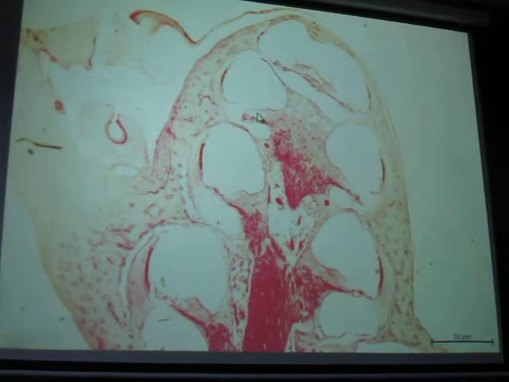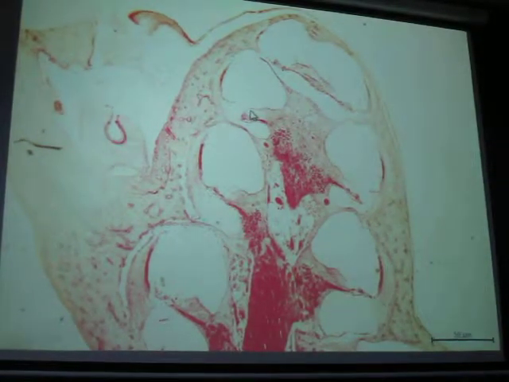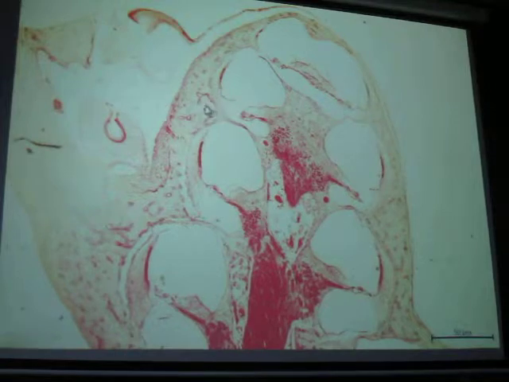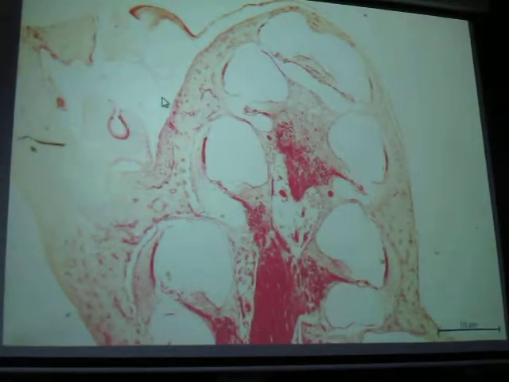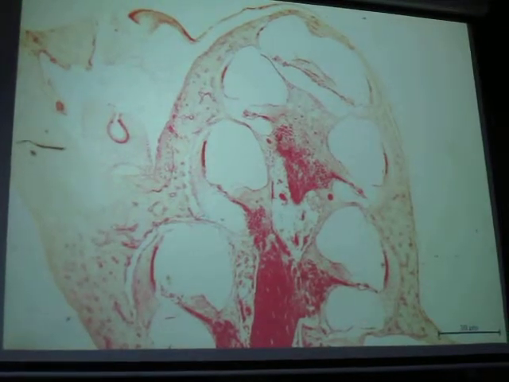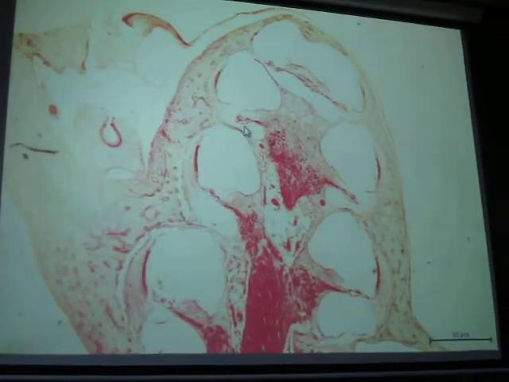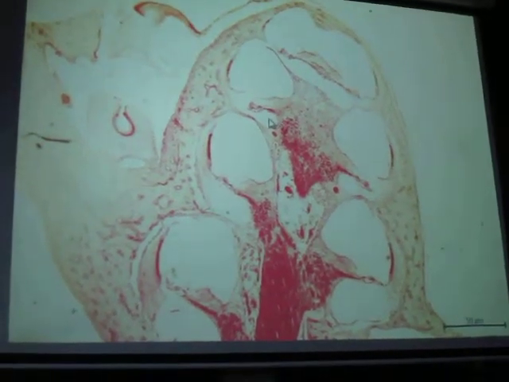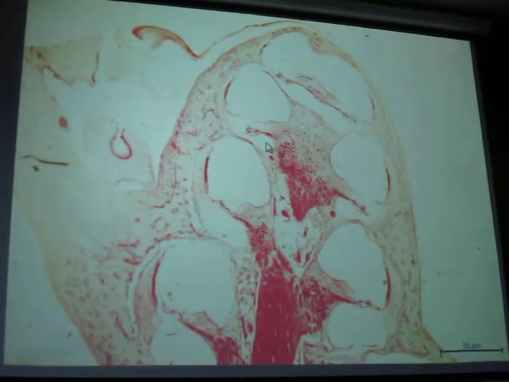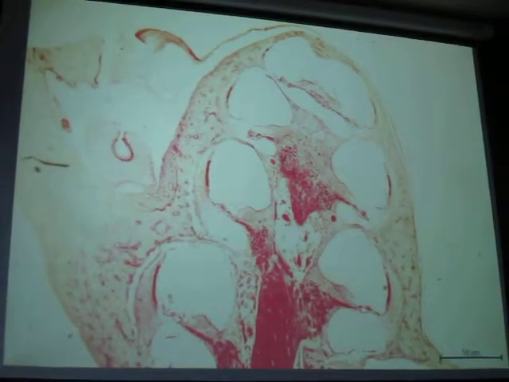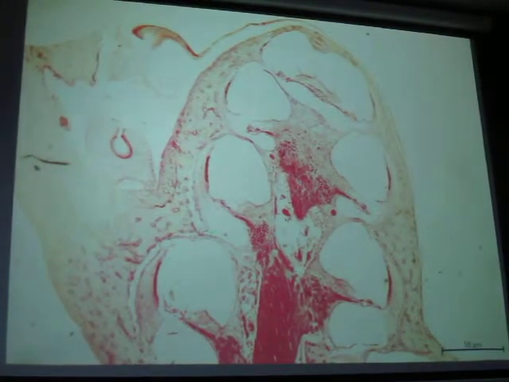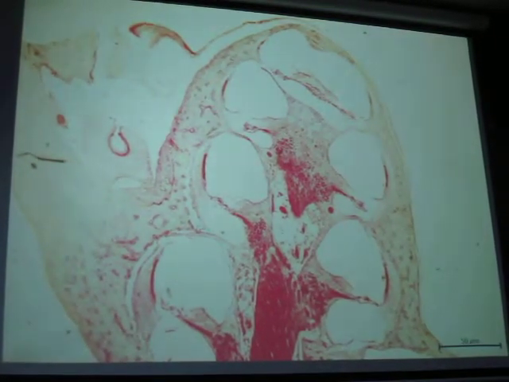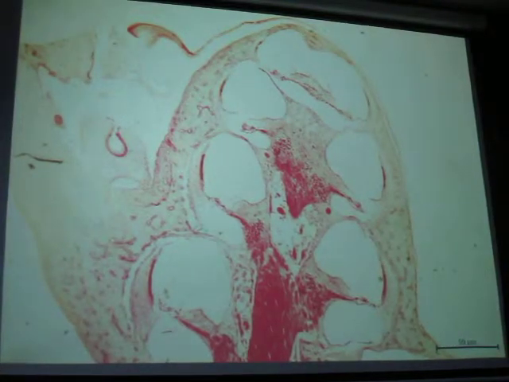The location where you will find the spiral organ is the what compartment? Cochlear duct. And below that is the scala tympani.